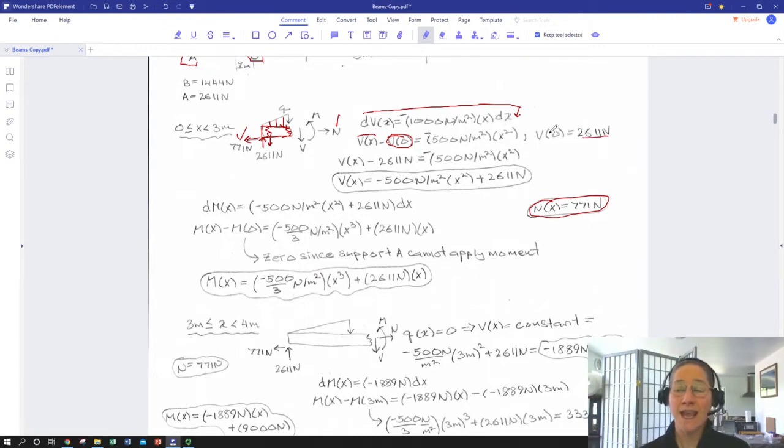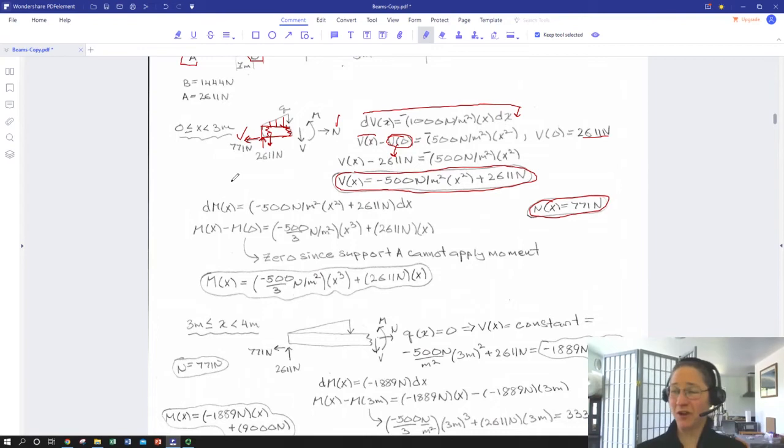So V at 0 is 2,611 newtons. So we can just put that right in there and then add it to both sides, and we get a parabolic expression for shear force and concave down. So further out you go, the lower it is.